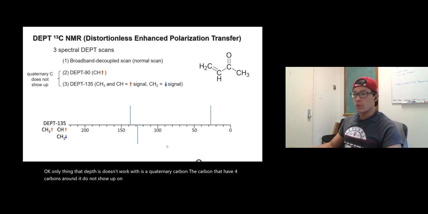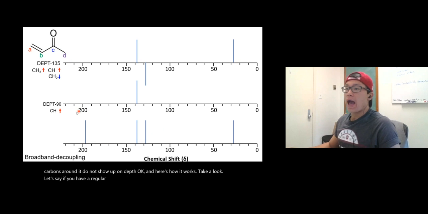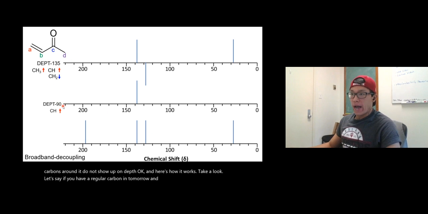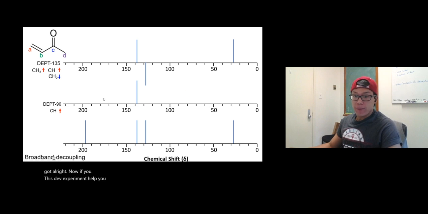Here's how it works. Let's say you have a regular carbon NMR and the DEPT 90 and DEPT 135. This DEPT experiment helps you match carbon to the spectrum.